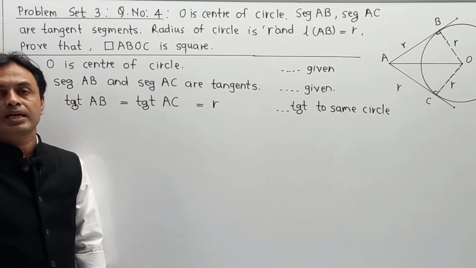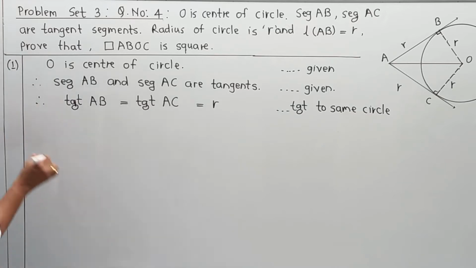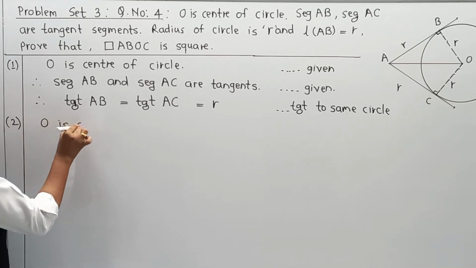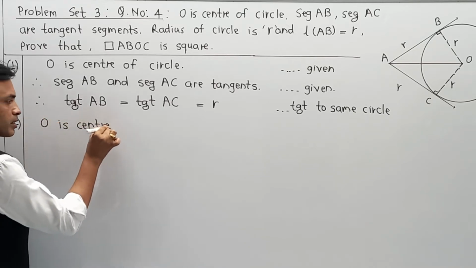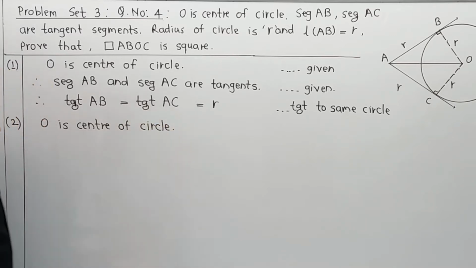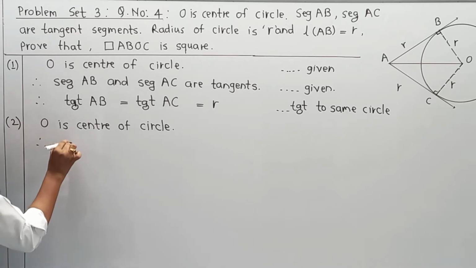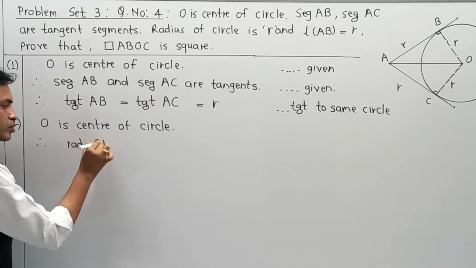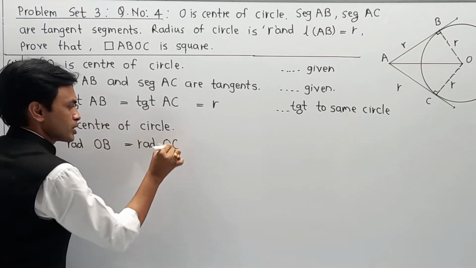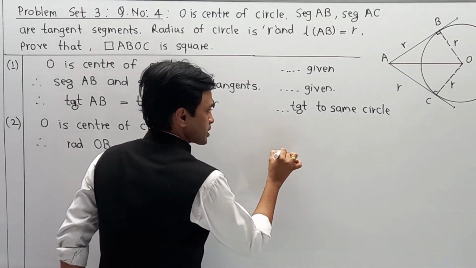Now we are discussing the center and circle. So your part number 2: again, O is the center of the circle. Next, radius OB equals radius OC. Reason: radius of same circle.